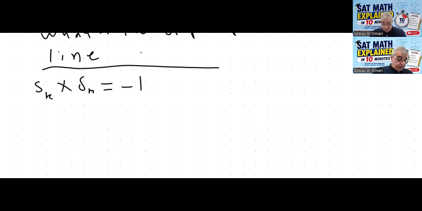So now we know the equation of line K. The equation is 3y minus 9x equals 12.